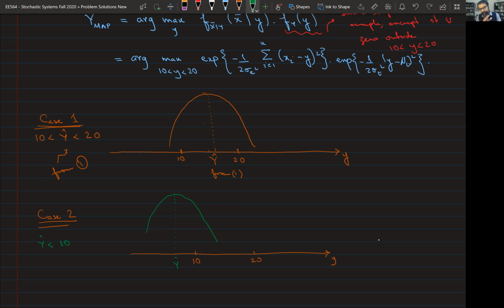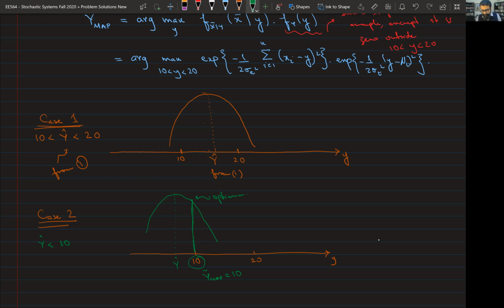In other words, the function is always a decreasing function. Therefore this turns out to be the optimum point because we're maximizing. So y tilde for this particular example is equal to 10.